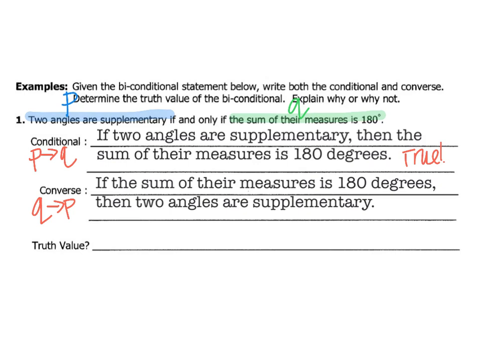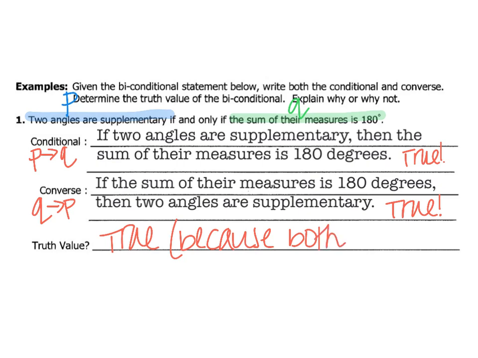This is a true statement as well. With biconditional statements, both of them have to be true for the biconditional to be true. So the truth value of our biconditional statement, two angles are supplementary if and only if the sum of their measures is 180 degrees, is true, because both the conditional and the converse are true.